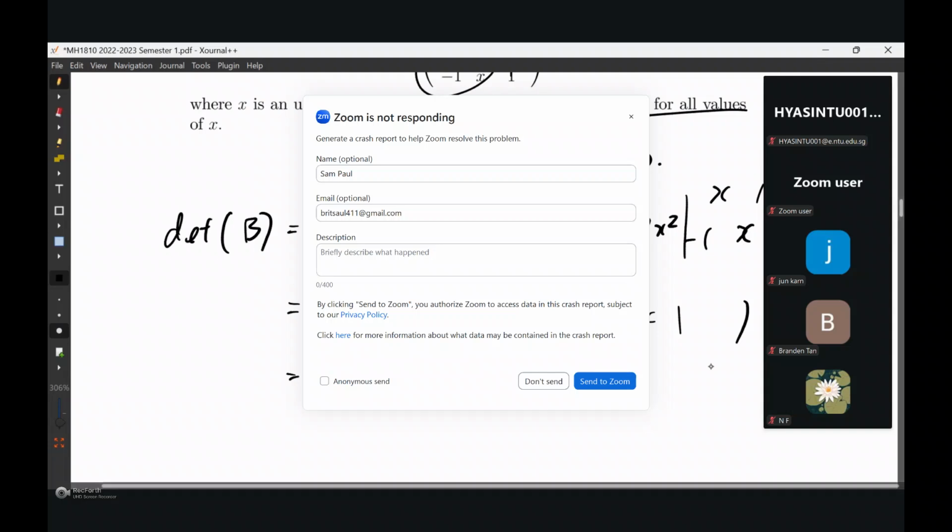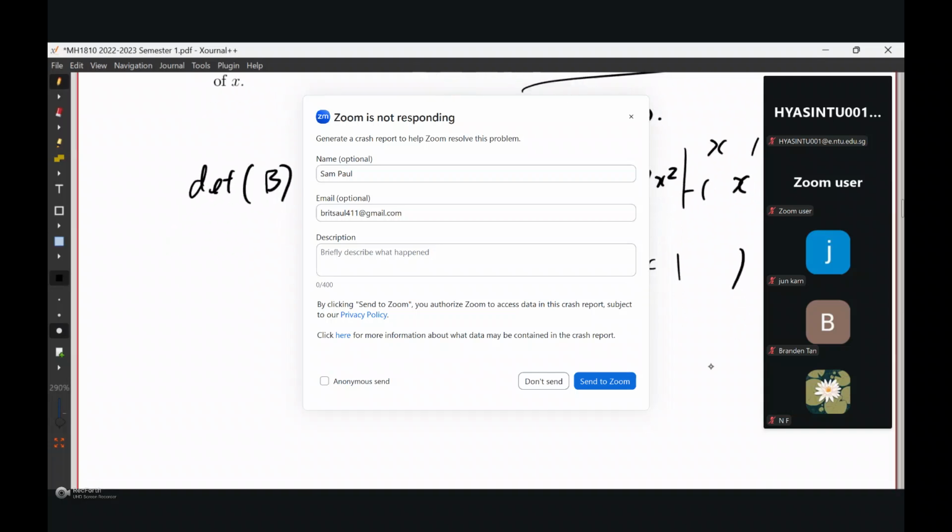Okay, notice that this part here is always more than 0 because they are even powers. So x to the power 4 and x squared is always positive, or at least 0, and we are adding 1. So this thing will always be more than 0. Not just equal, it will always be more than 0.